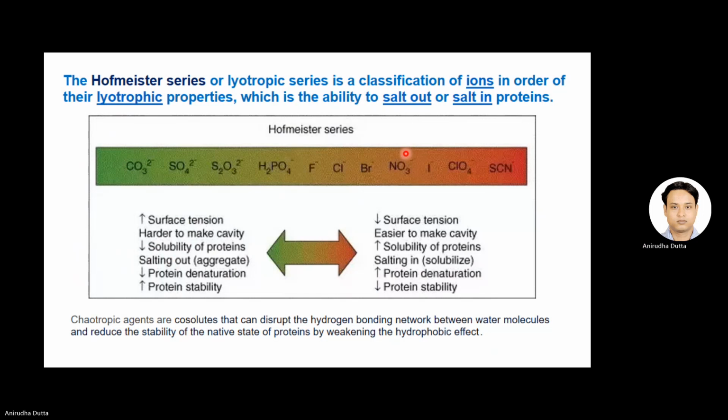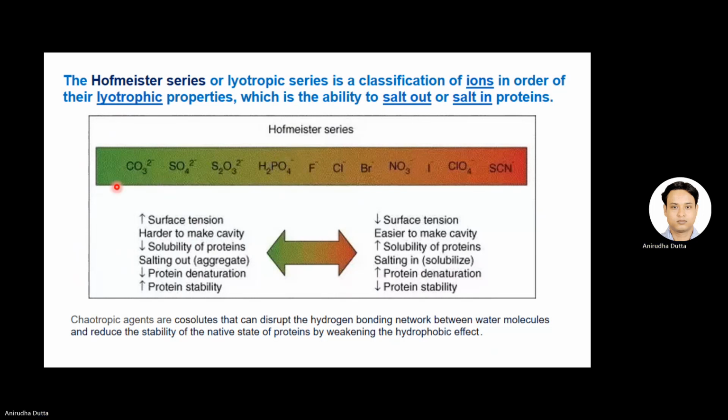Okay. So here we have a list of anions depending on their lyotropic effect, meaning how much interaction they can cause, how much they can solubilize the protein in the presence of these anions.